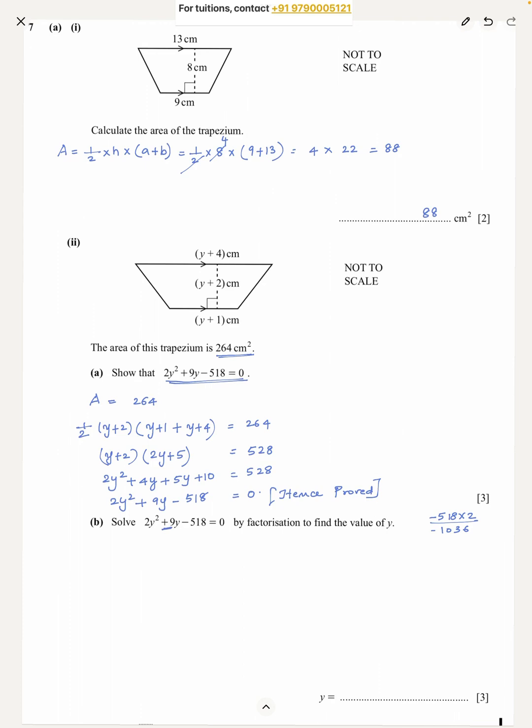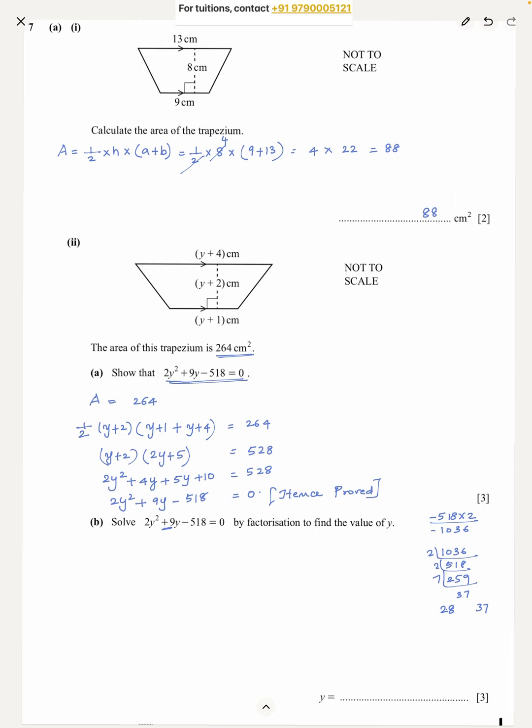If you don't know, we can do the prime factorization and then we can get it. 518 divided by 2 is 259, 7 into 37. Now 37 is a prime, so I have to stop. So the numbers are 28 and 37. It is minus 1036, so I have to put minus on one of these two.